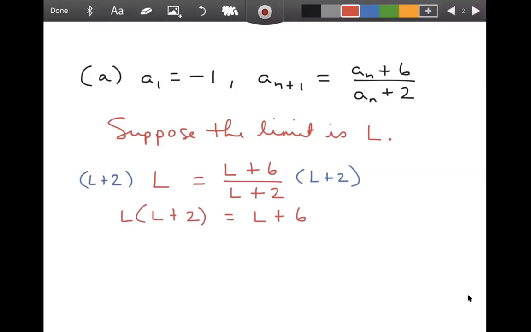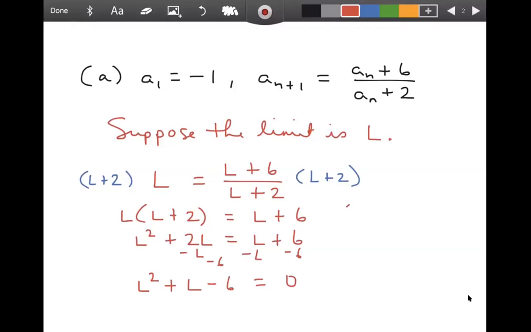I think this is going to be a quadratic equation. L squared plus 2L equals L plus 6. Subtract L from both sides. We're going to put this thing in standard form. That's going to give me L squared plus L minus 6 equals 0. We'll solve that by factoring.